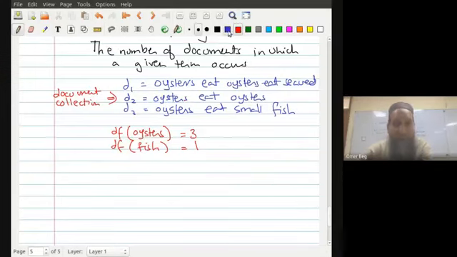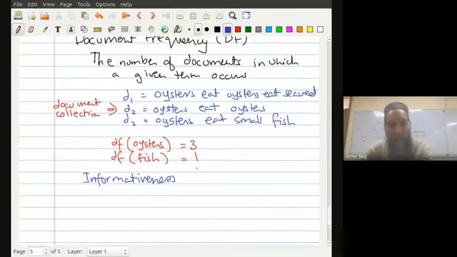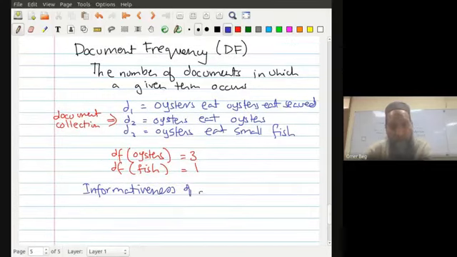Now, how about the informativeness of a word? And how is that related to document frequency?